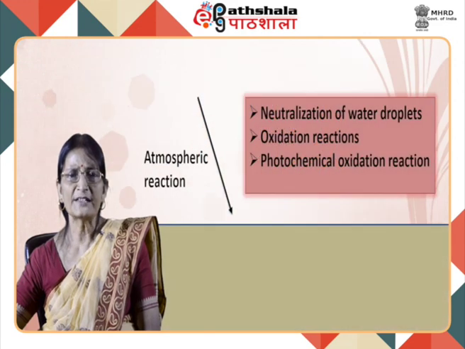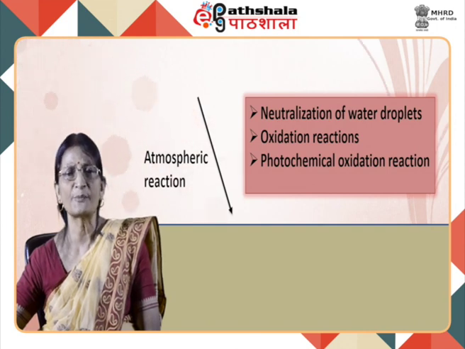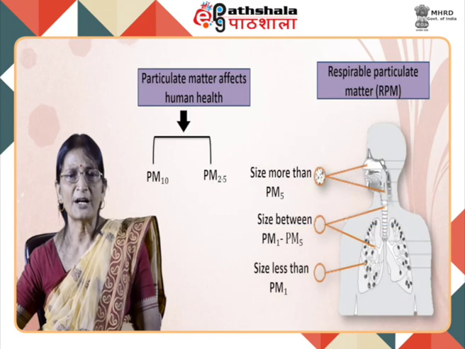They also provide a surface for many atmospheric reactions such as neutralization, oxidation, etc. Photochemical oxidations can also take place on the surface of particulate matter. Particulate matter is responsible, on the other hand, for having adverse effects on human health, especially fine particles such as PM10 and PM2.5, which enter the human body through the respiratory tract.